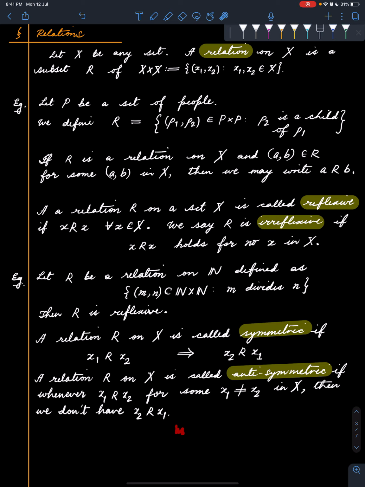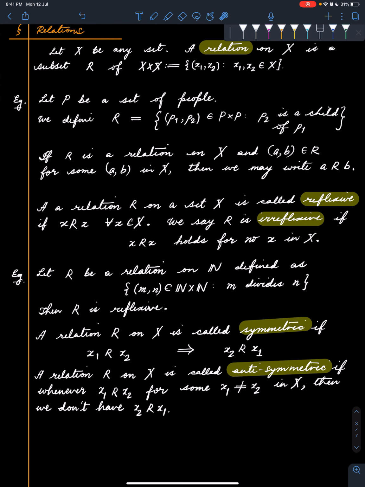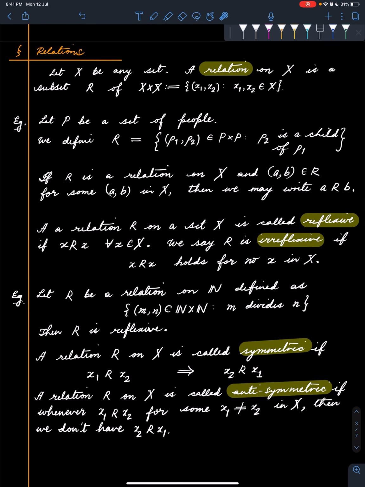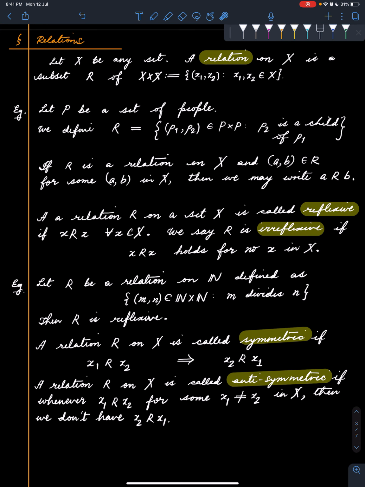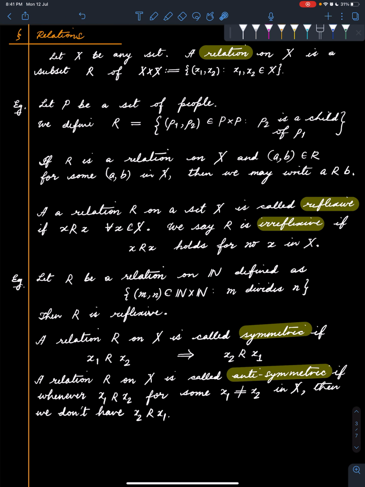So if m is not equal to n and m divides n, then of course n cannot divide m because m is less than n. So this is an antisymmetric relation. Right, and we'll see examples of symmetric relations very soon. So I hope this is clear and what relations are trying to capture. Fine, we'll see more examples as we go on.